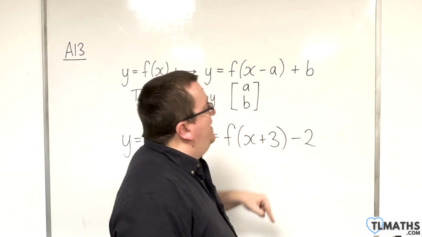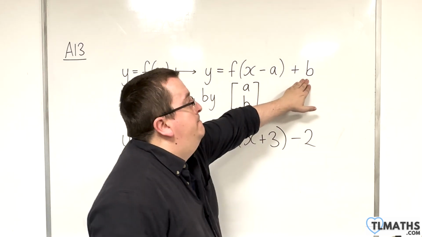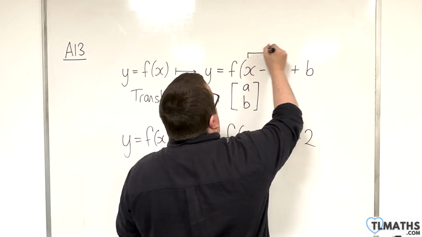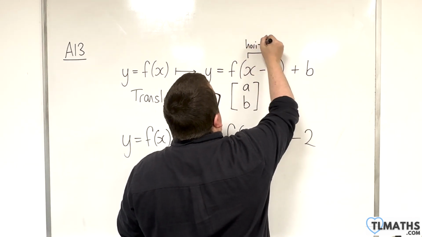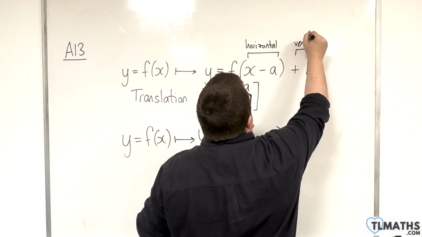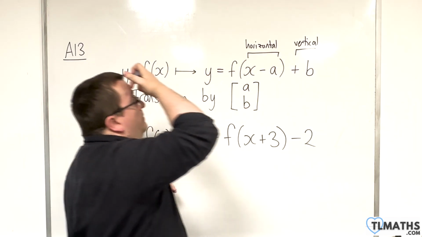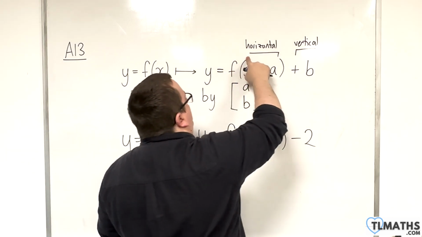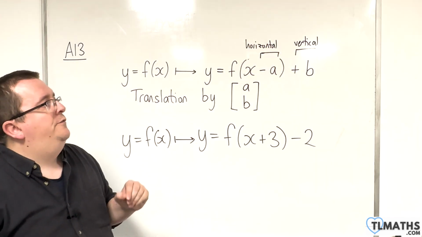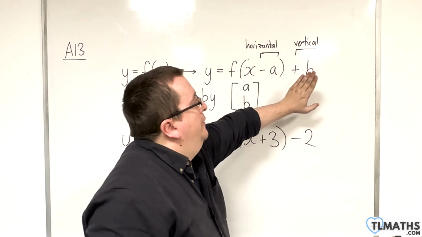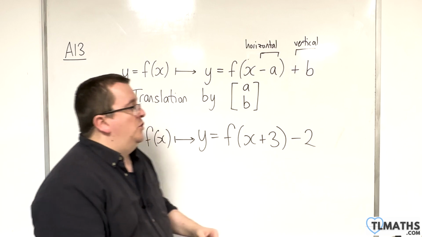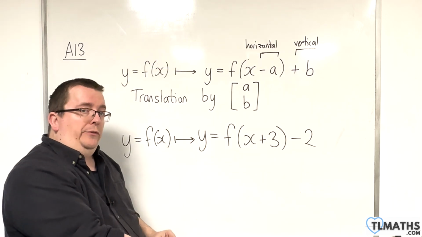The take away 2 on the outside, the b, affects the vertical direction. So this is horizontal and this is vertical. And the vertical is as you expect. So -2 means we are going down 2 units.